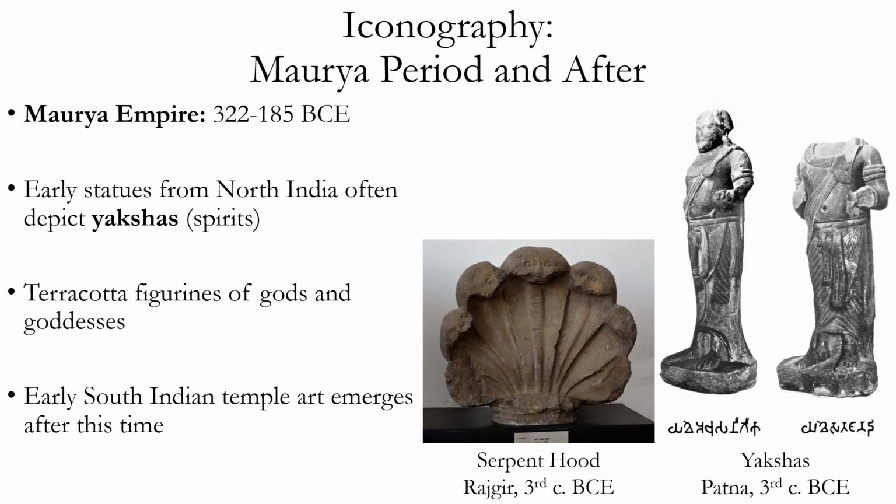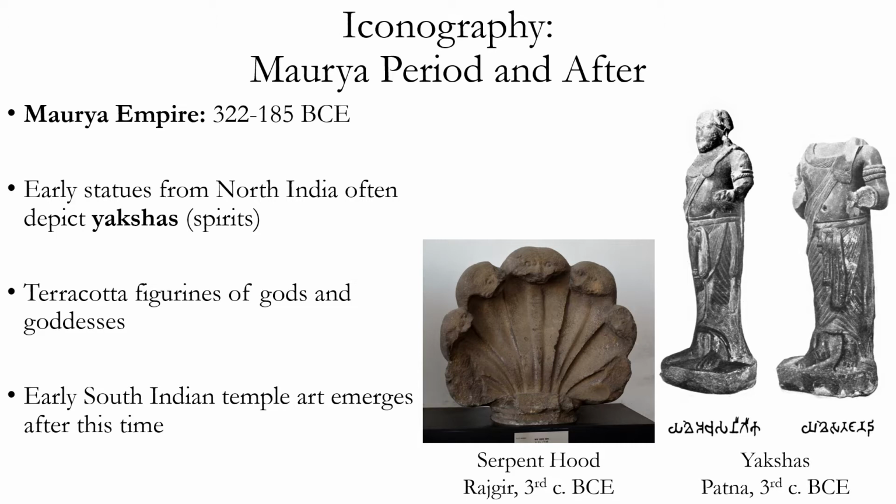We can also find terracotta figurines of gods and goddesses from this period. These were often small, different from the larger sculptures found in Hindu temples of a later period. And not all of these are clearly religious, but some of them may have been depictions of gods or goddesses.